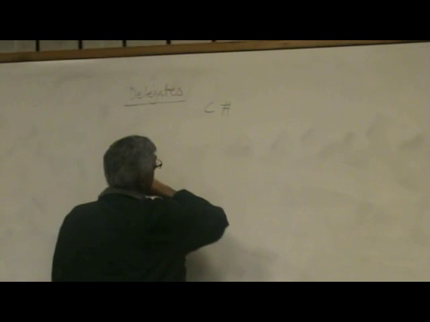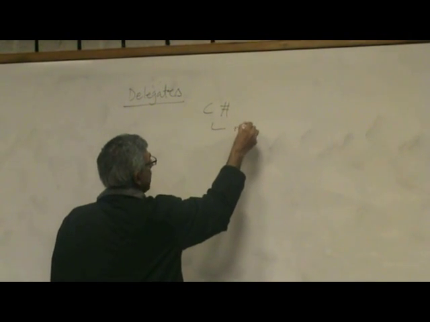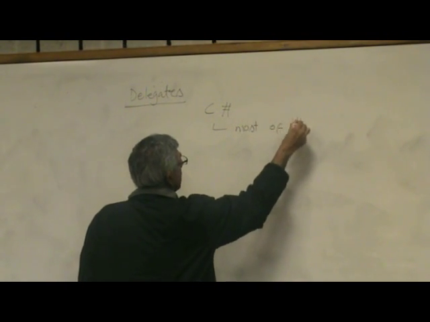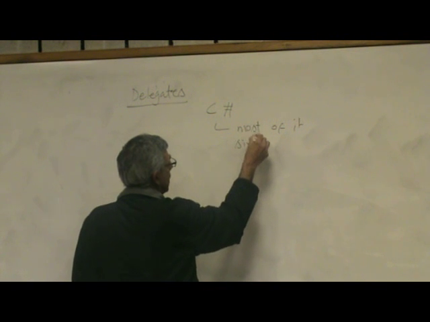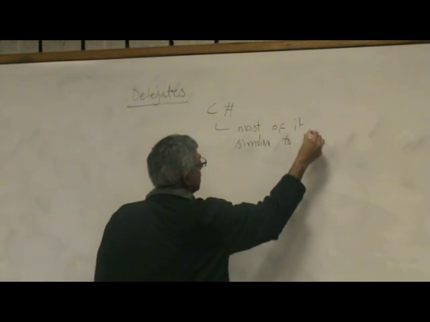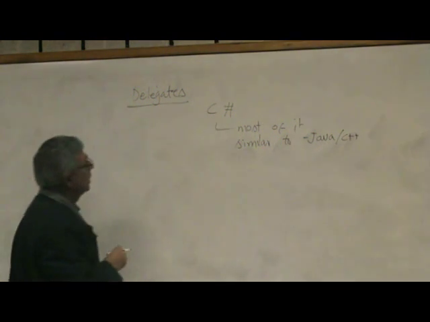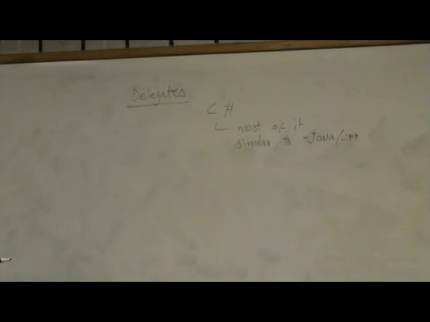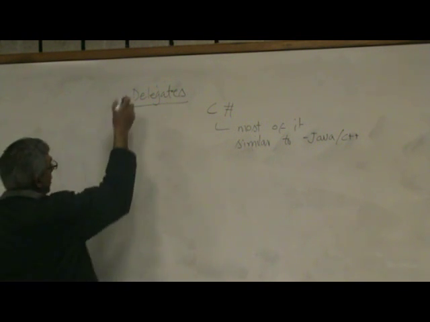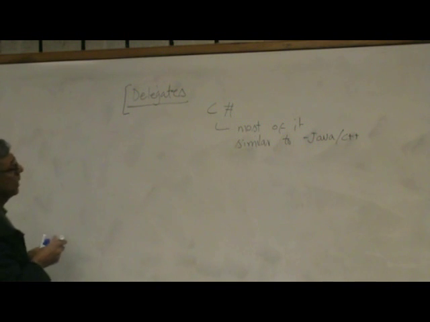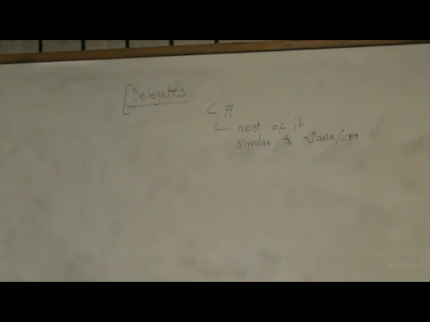As you have taken a look at C#, most of it is similar to, let's say, Java or C++. There are a few things in C# that are different from other languages, and one of them is delegates. In my opinion, this is the part that makes this language probably better than Java or C++, right?